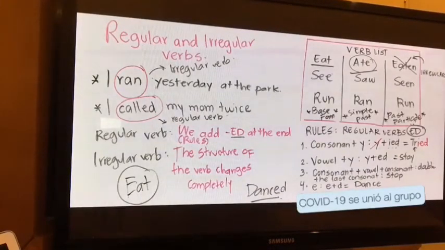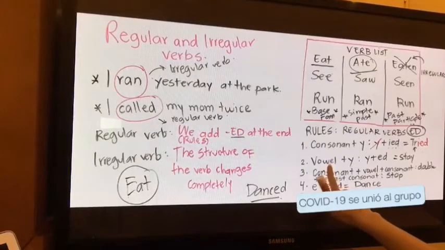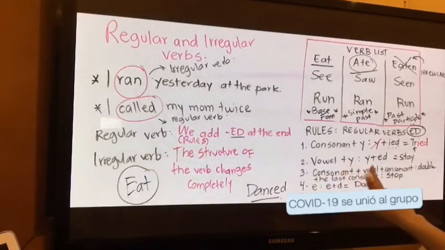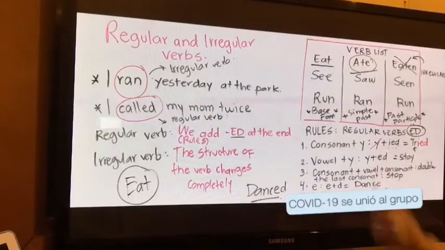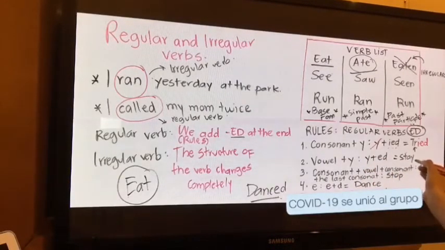The second rule says that if I have a vowel plus y at the end, I have to keep the y, and then I have to add "ed" at the end, as you can see here in "stay." "Stay" finishes with y, and before it we have a vowel, which is "a." So in this case, the y stays there, and the only thing that I have to do is add "ed" at the end.